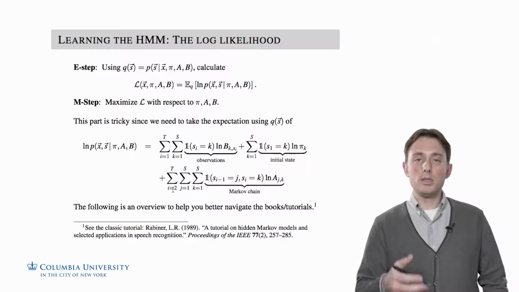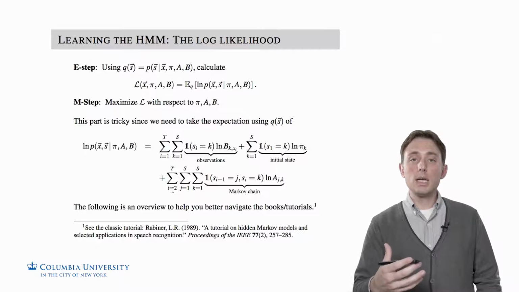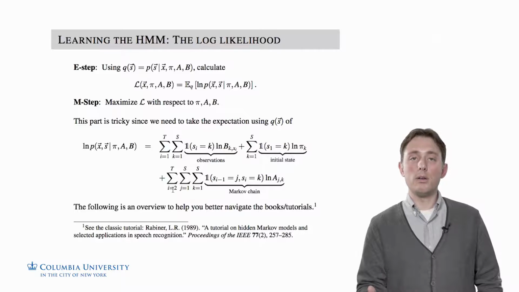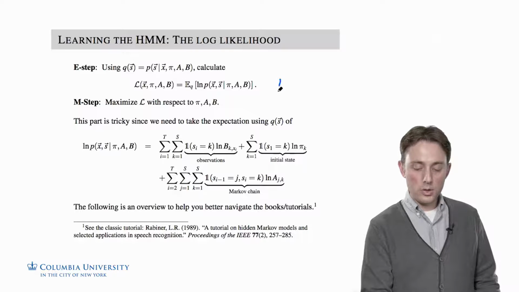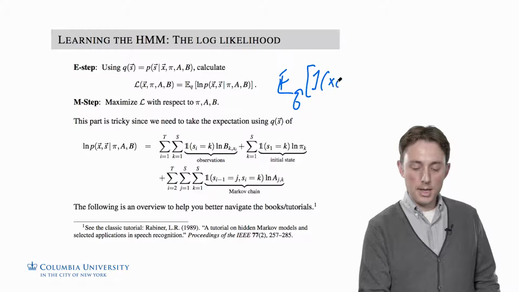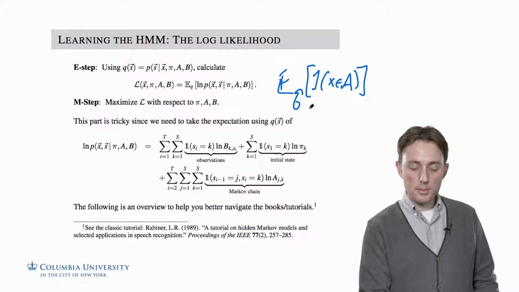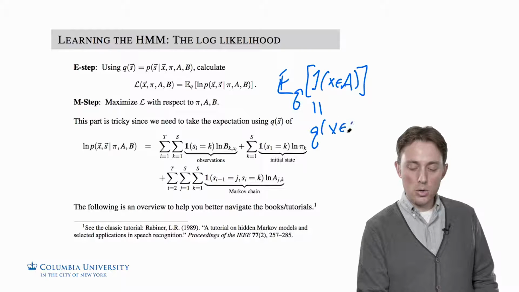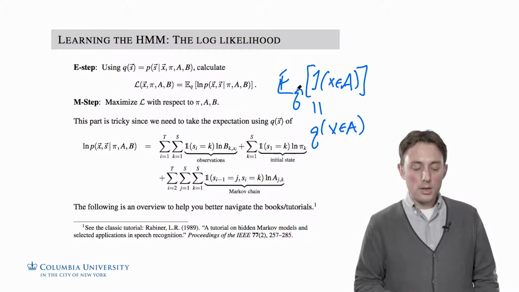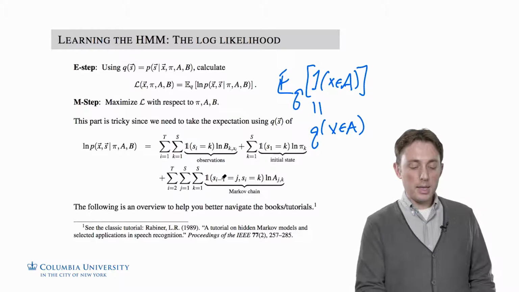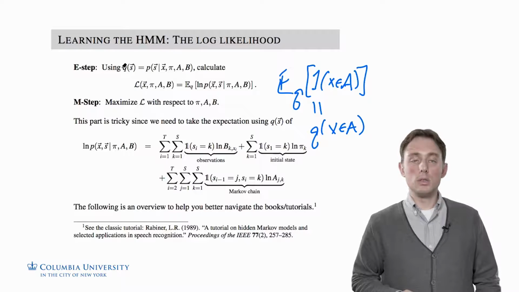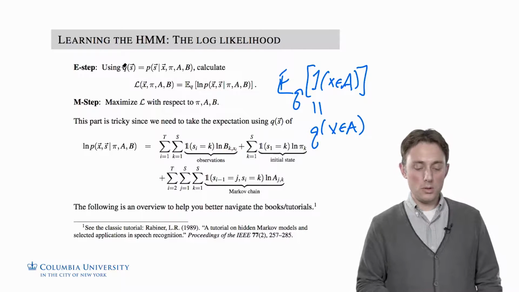The first observation is the fundamental fact that the expectation of an indicator of an event is equal to the probability of that event according to the distribution. So if I have some distribution Q, and I have some indicator of an event, X is in a set A, for example, that's simply equal to Q, the probability that X is in A, according to the distribution Q. So I have a bunch of indicators here that I'm taking the expectation of with respect to this full posterior distribution.